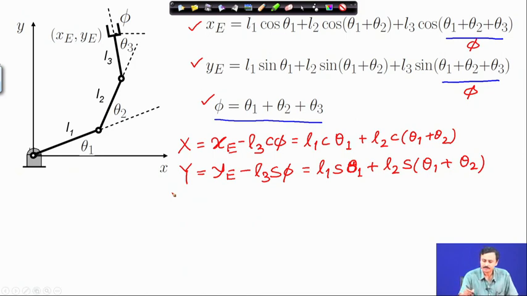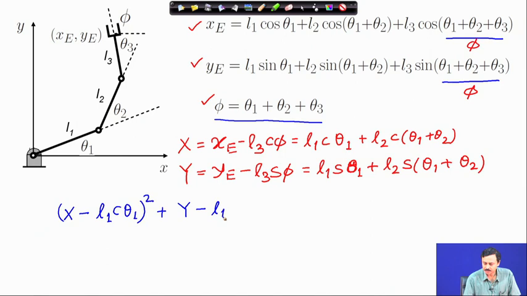So, the simplest approach would be to look at this: X minus L1 cosine theta 1 whole square plus Y minus L1 sin theta 1 whole square.